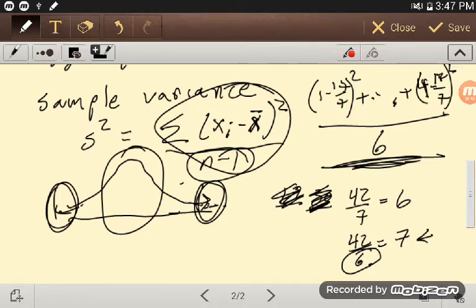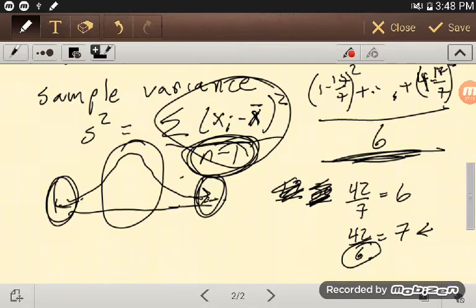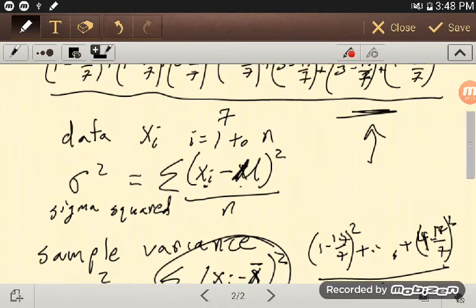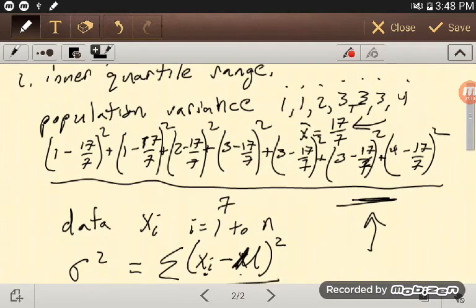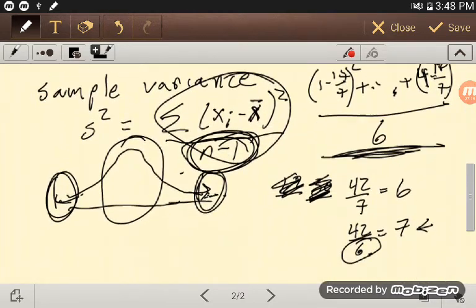We could have made it bigger by using n minus 2, or n minus a half, but the best answer, it turns out, is to use n minus 1, and that's why we have that in the formula. So the takeaway here is that sample variance is different than population variance.